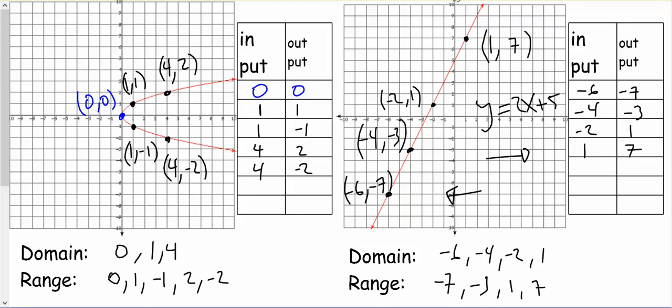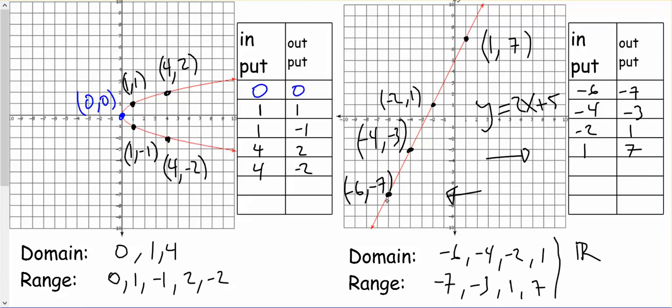And this line's going to go on and on through infinity. So we could say that our domain, when we're talking about the actual line, not just this table, is going to be all real numbers, and that's the symbol here. That means it can go on and on forever to negative infinity and positive infinity.